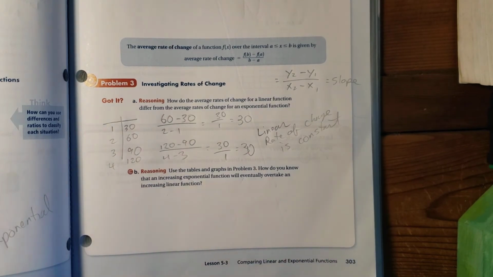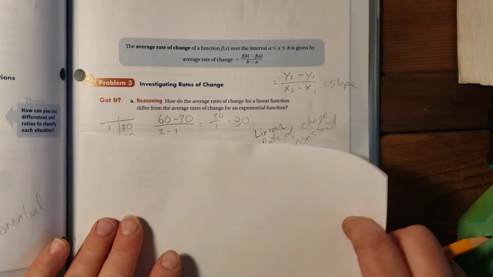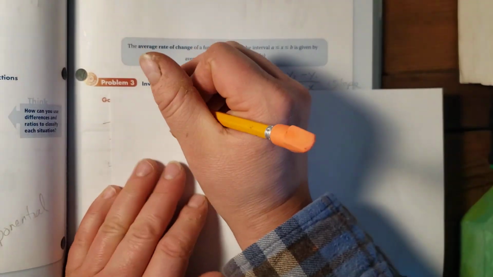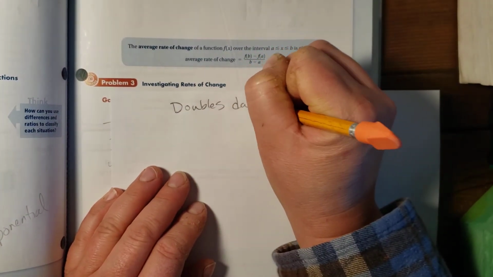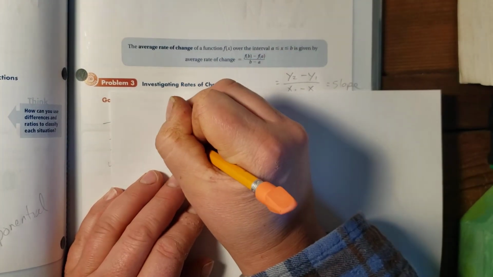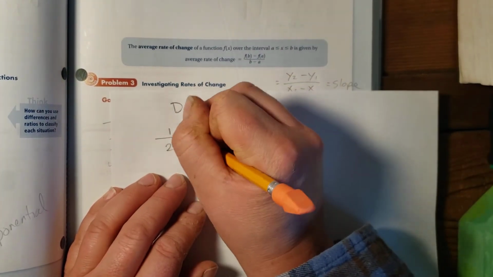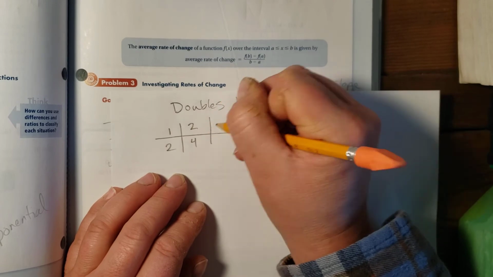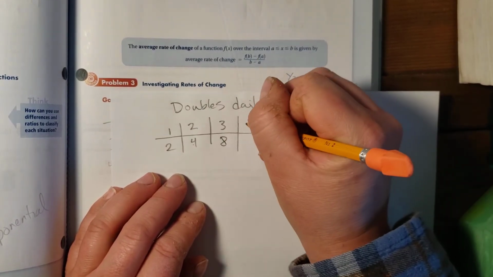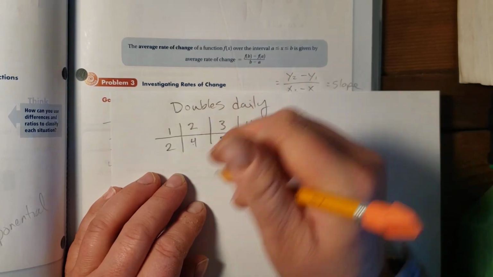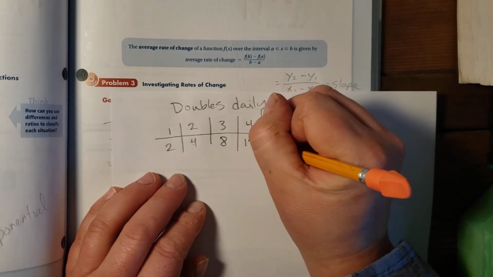If we did the same thing and we looked at that bacteria culture, or if we look at question 4 where something doubles every day, I'm just going to quickly say something doubles daily. On day 1, let's say there are 2. On day 2, there are 4. On day 3, there are 8. On day 4, there are 16.